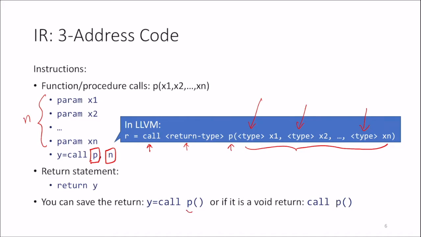When you call a function p and it returns something, say the return type was i32, you can save that return value into a variable or location y. There could also be a void return, in which case there's no need to save the result of the function call, so we would just ignore it and not assign it to anything.